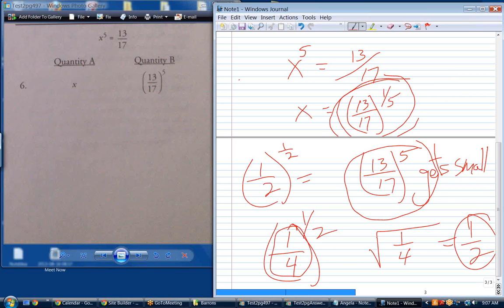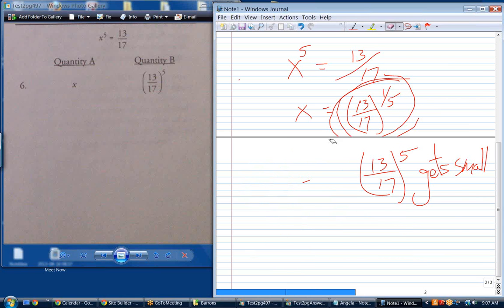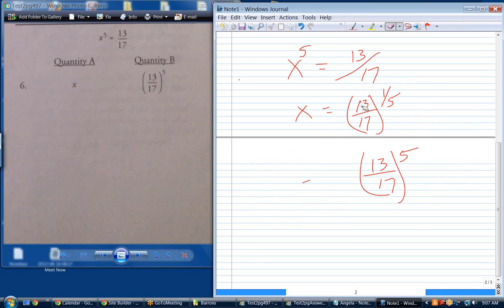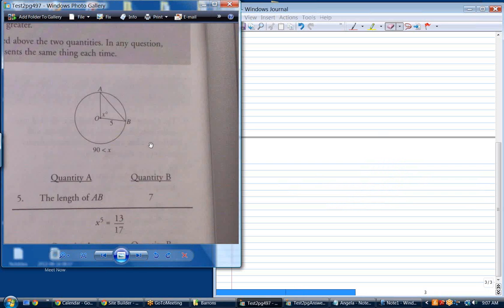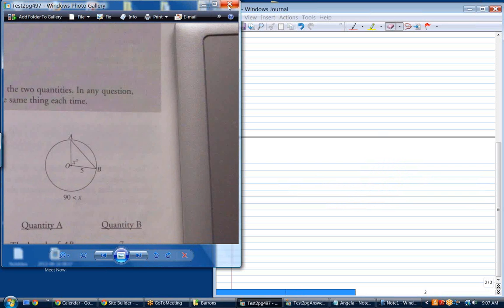It became 1/2 when we took it to a fractional exponent. Okay, that makes sense. Just remember it always goes the opposite. So when we're comparing 13/17 to the 1/5 with 13/17 to the 5th, the key is: is this number less than 1? Okay, I gotta go to the next page.